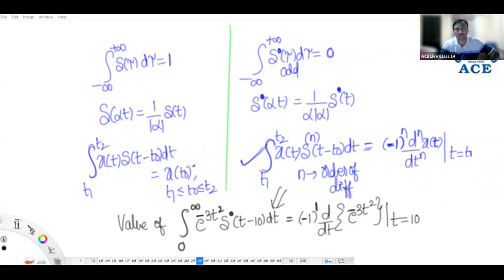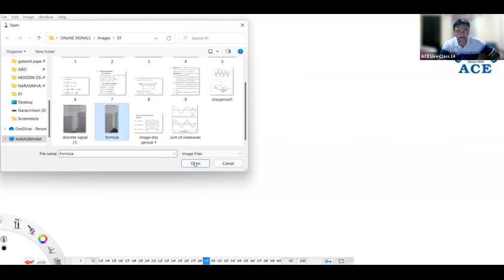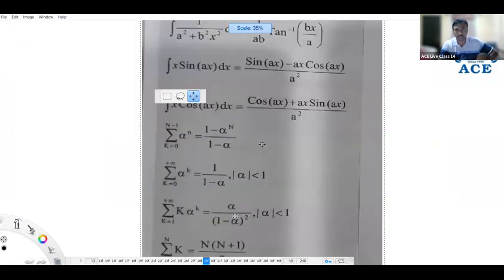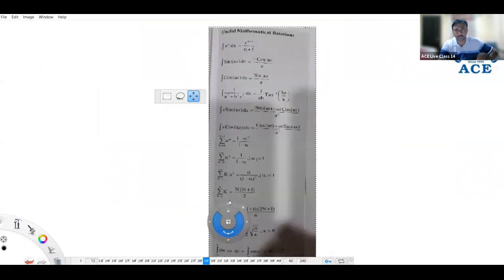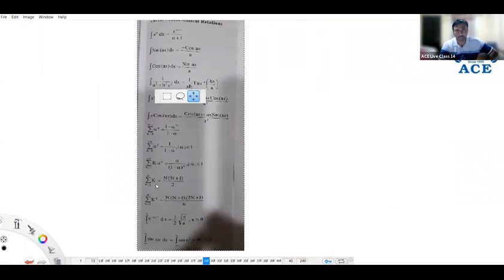Okay, I'm moving to the next slide. Actually, for the entire signals subject, we need some standard mathematical formulas, standard integrals.